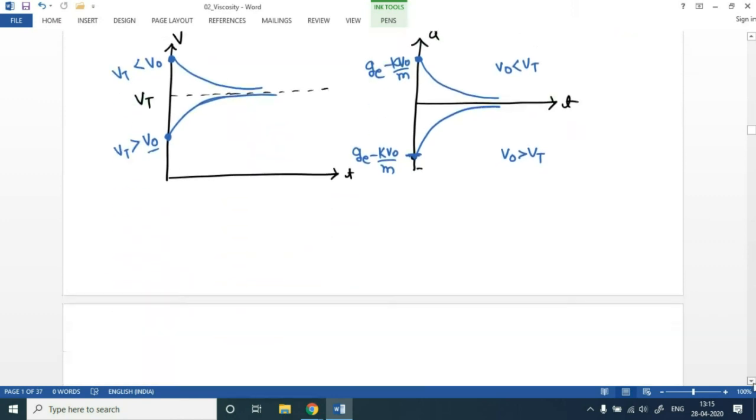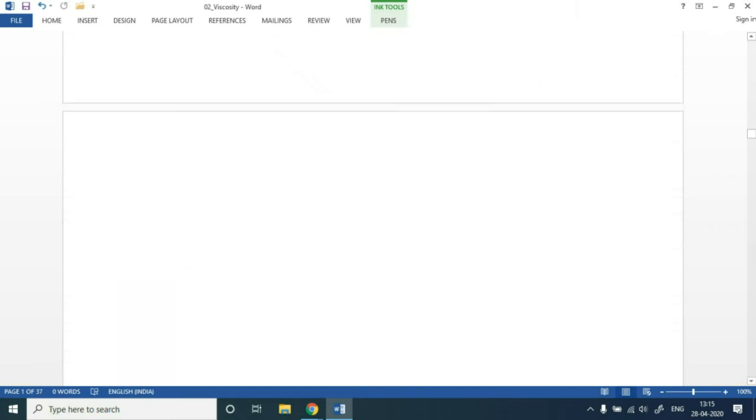And now let's quickly investigate the last case, case 3. The way we have written our equation, if v naught is negative, the body is projected vertically upward.